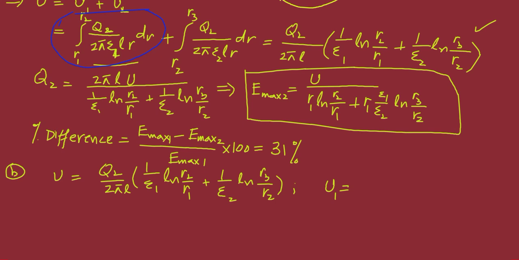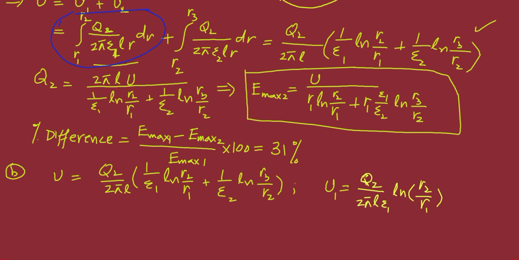So if we solve it, we will get Q2 over 2 pi L epsilon 1 natural log of R2 over R1.